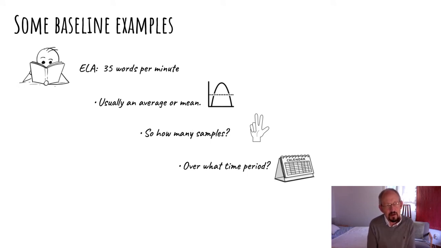Another thing to be careful about with the baseline, and reading is a good example here, is over what time period am I sampling the child's ability to read? One might imagine that if my current performance in the IEP is defined over a period of a couple of weeks, one might not expect the child's capacity to change much.